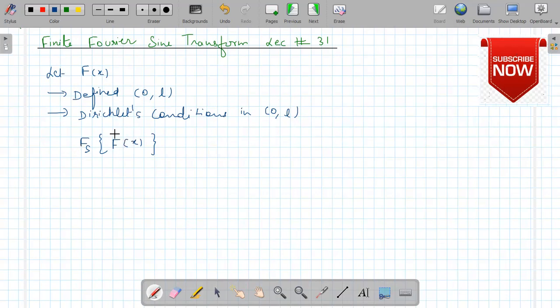It is defined as the integral from 0 to L of f(x) sine(p pi x divided by L) dx. The obtained function will be a function of p, and it is denoted by F_s(p). Sometimes we also denote this by F_s bar(p), because the obtained function is a function of p. That's why we have used p here.